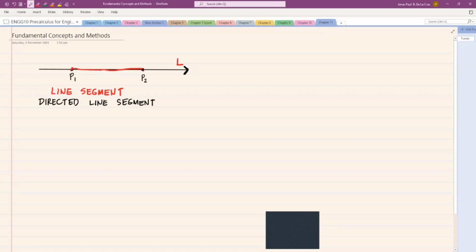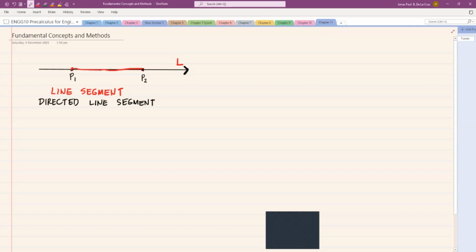Pero kabaliktaran nun, kapag ino-oppose natin yung direction ng line, for example, manggaling tayo kay P2 papunta kay P1, meron tayong negative na directed distance. Okay? So ang ibig sabihin nito, magkaiba ngayon yung sign ng ating distance kapag positive going from P1 to P2 compared kay P2 to P1. Okay?